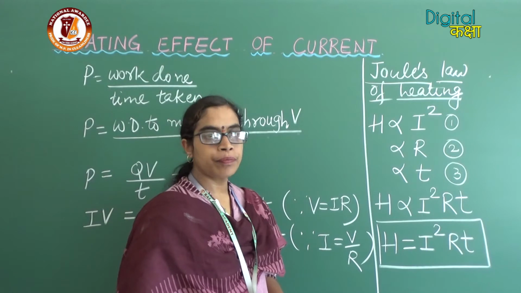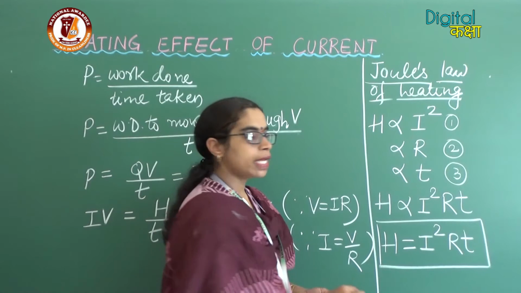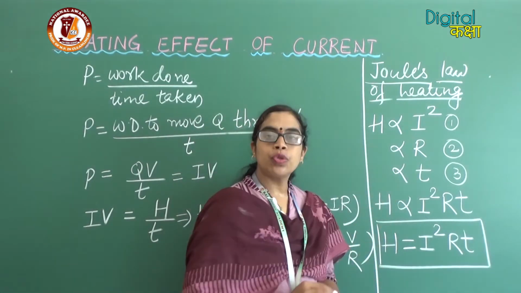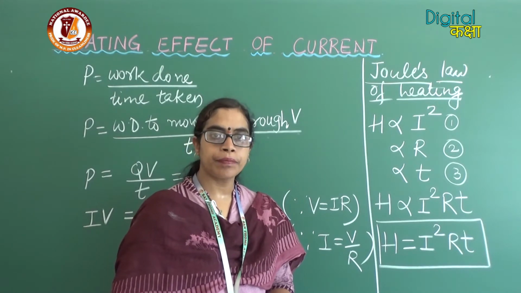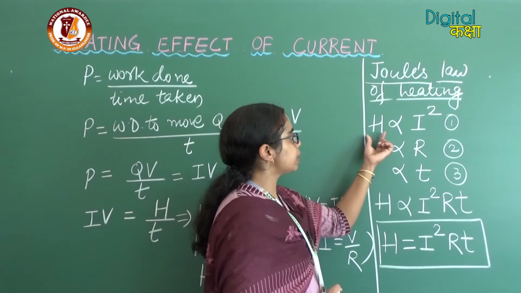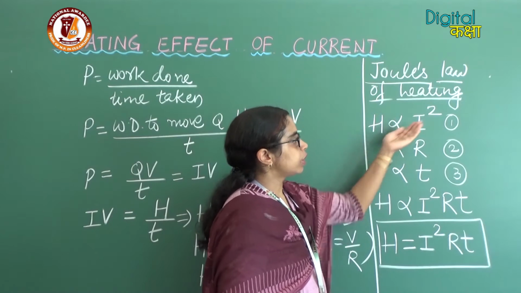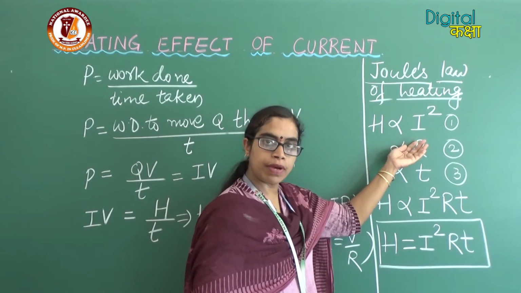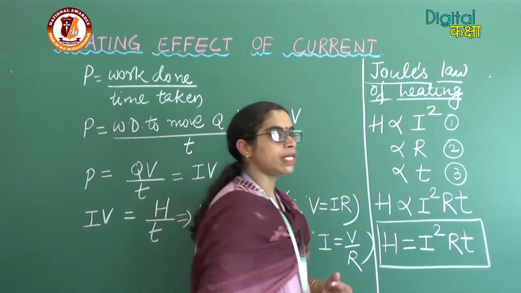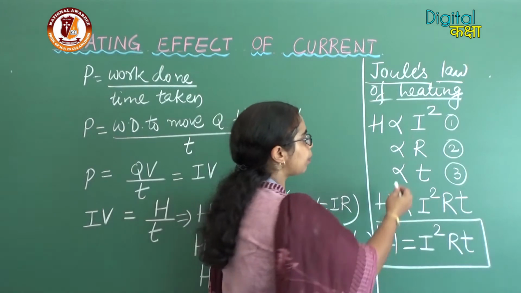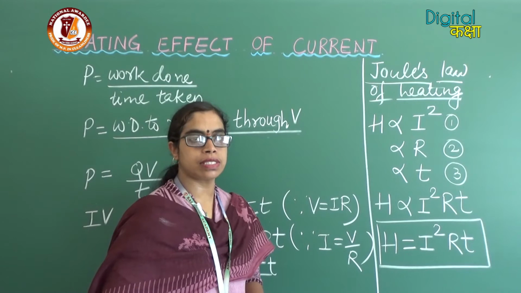According to this law, the heat energy H associated with a device of resistance R through which current is flowing for a certain time T is directly proportional to the square of the current flowing through that device, directly proportional to the resistance R of that device, and also directly proportional to the time for which the current flows through that device.